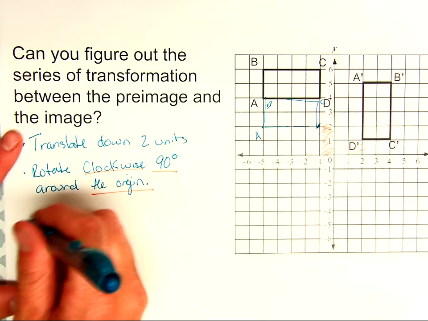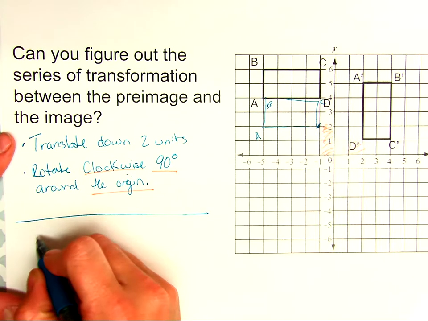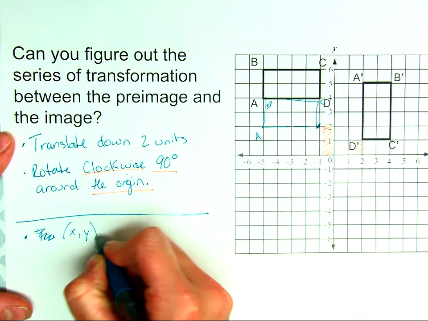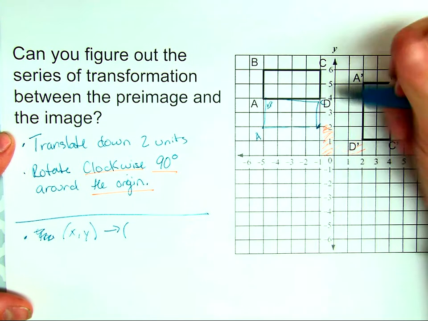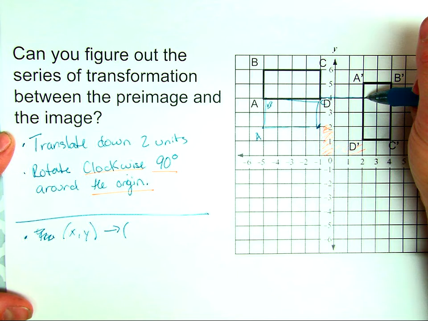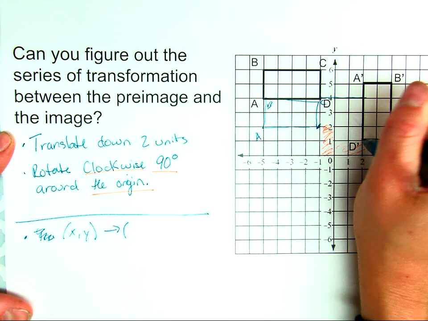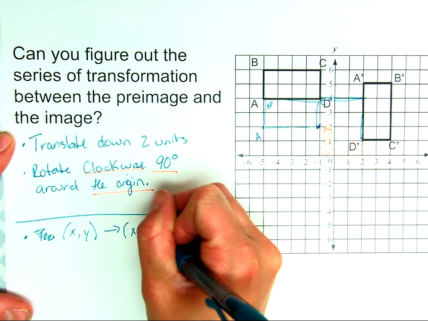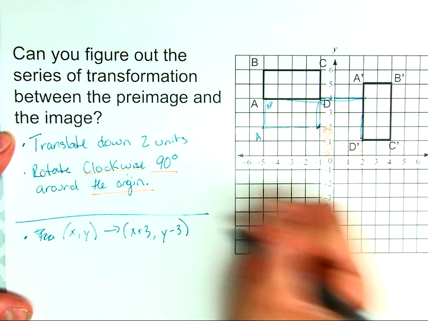Okay, so like I said, that's one way. The other way is that maybe, and let's use our rules this time just for funsies, I wanted this point here to go to the right 3 and down 3. So to the right 3, down 3. It's going to put me here.